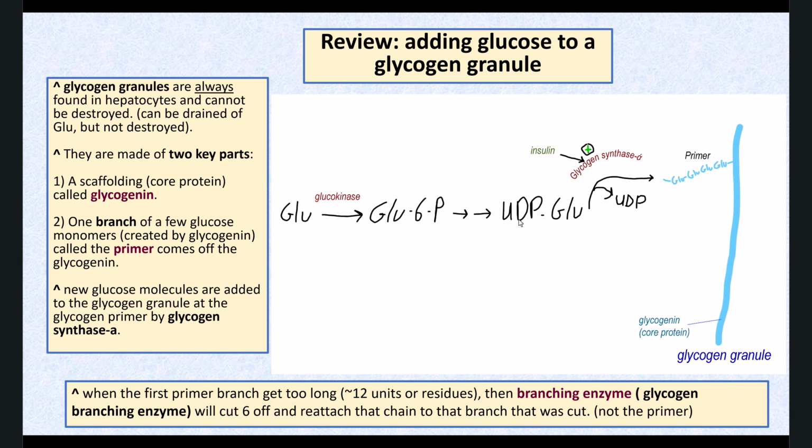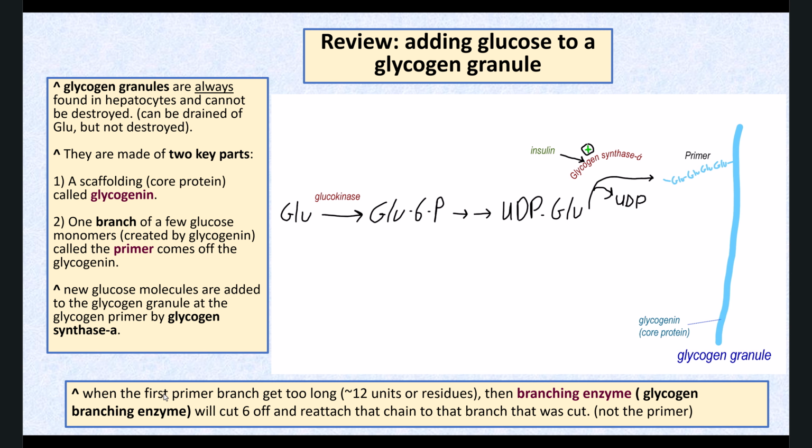Go through a couple steps and make UDP glucose, and UDP glucose is the one that is grabbed by glycogen synthase A, the active form of it, and it doesn't need ATP to do this. It uses the power of the UDP to make this reaction, rips off the UDP part, and then the glucose is just stuck on the available branch of the glycogen molecule.